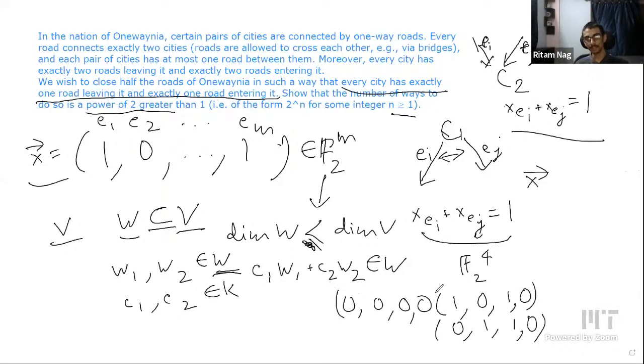Every subspace must have 0, because you might choose c1, c2 to be 0, in which case you will have to have 0. And the sum is 1100. These four vectors are a subspace of F_2^4. This is an example of a two-dimensional subspace of F_2^4.